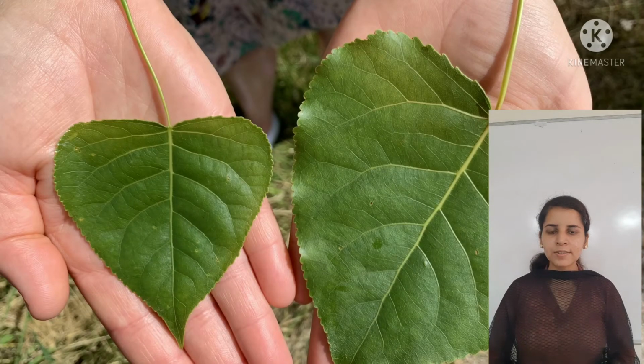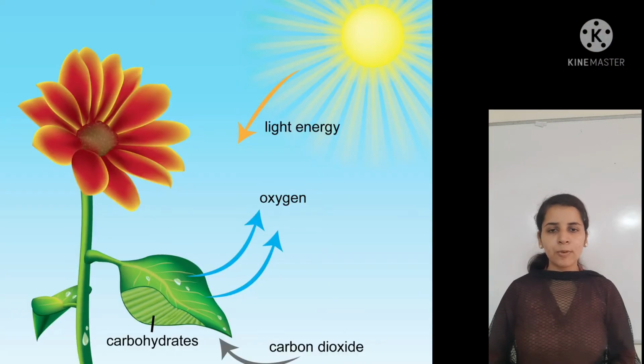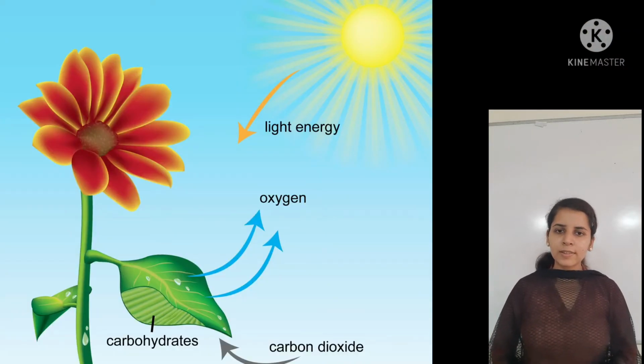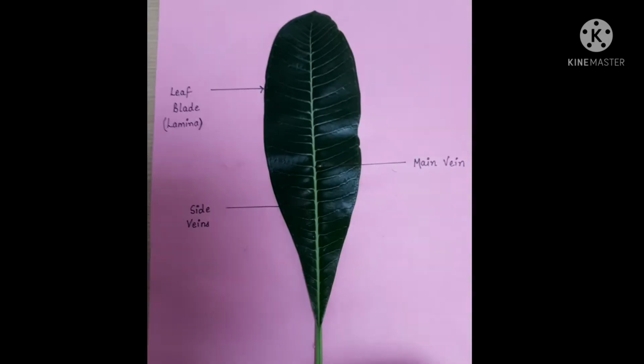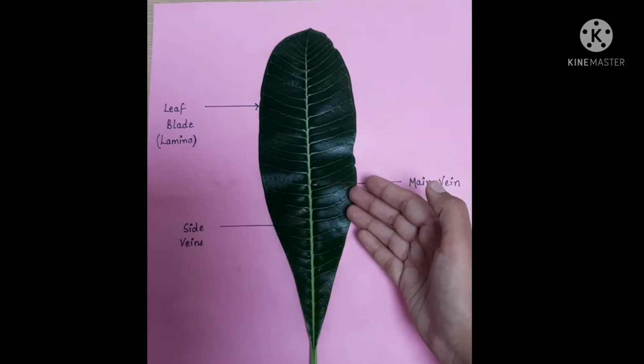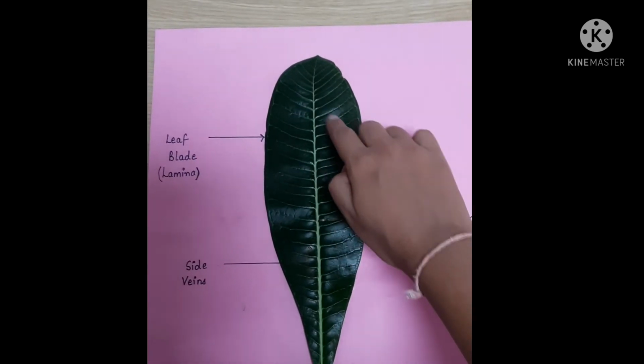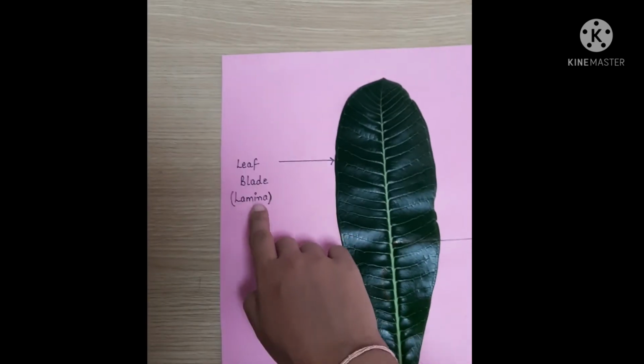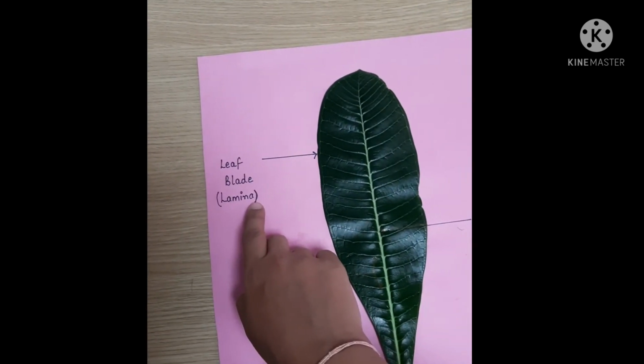Students, it's an important part for a plant because leaves prepare food for the plant. So let's learn different parts of a leaf. This broad and flat surface is called leaf blade, or we can say lamina.